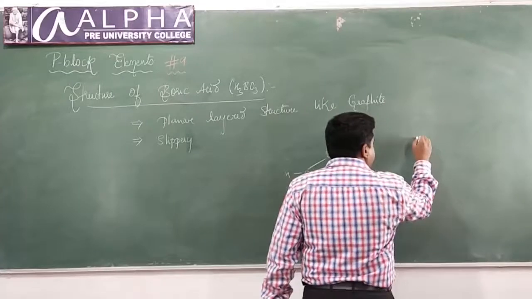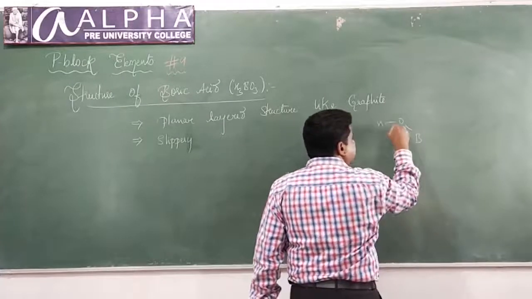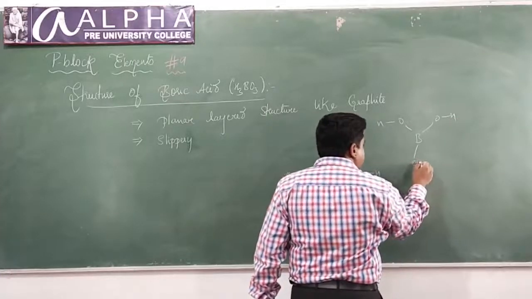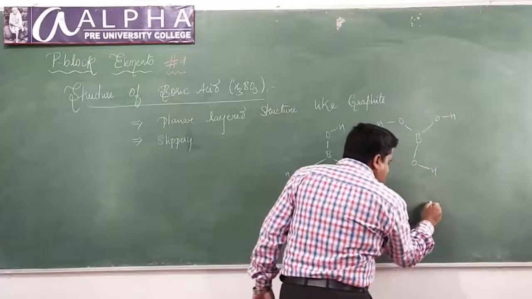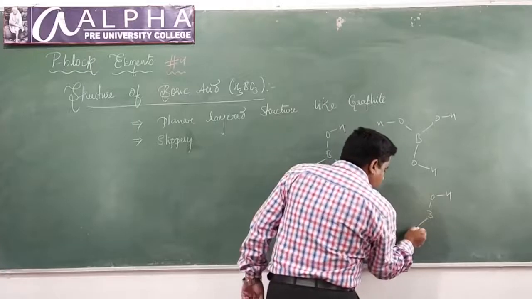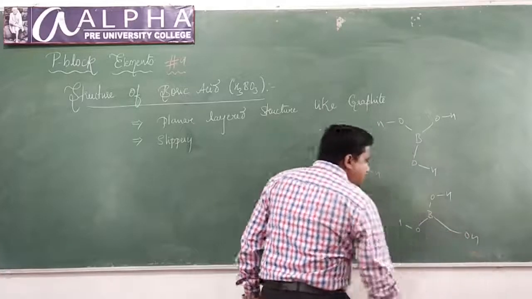B, O, B, O, H, OH, and then O, H, B, OH. Like that, we'll have B, then OH, then OH, and then OH. This is another boric acid.